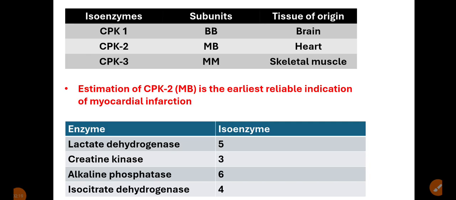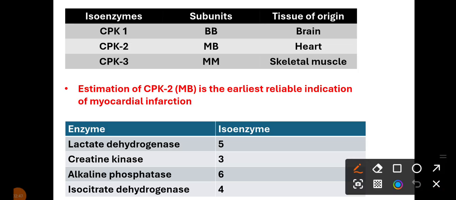That is for the brain. Then MB, that is for the heart, and MM, that is for the skeletal muscles. Here you can see guys, the estimation of CPK2 MB is the earliest reliable indication of myocardial infarction. So that is the first detectable enzyme, the marker for myocardial infarction, right?